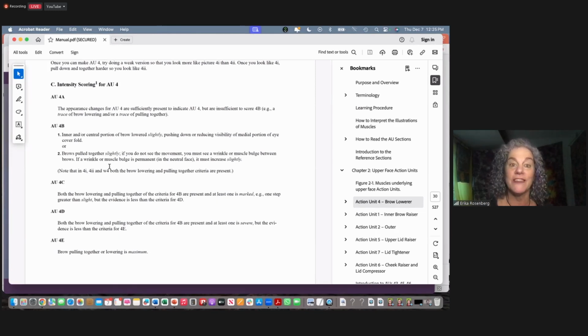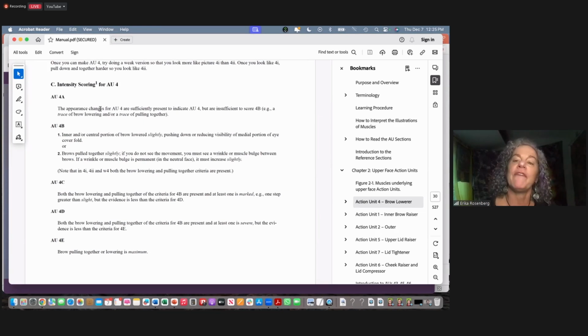This was done because in the old manual, the 3-point system, what is now B was the lowest level, and that was X, and that was called a minimum requirement. So you needed to at least have these features to score that AU at all. So there was a lot of detail about what was necessary, how to pass that threshold of making something scorable. So there's a lot of detail with B.